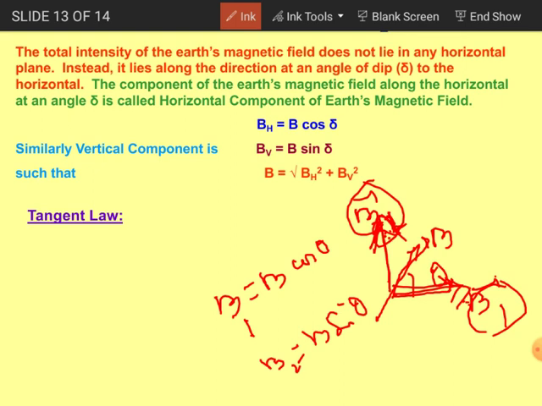If you divide B2 by B1, it will be equal to tangent of theta. Similar to that, as I said here, BV by BH will be equal to tangent of delta. Got it? Let's see.